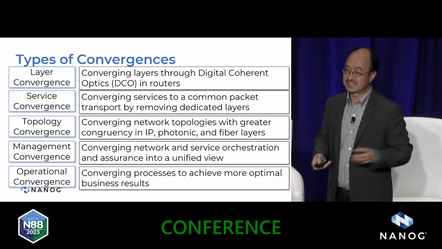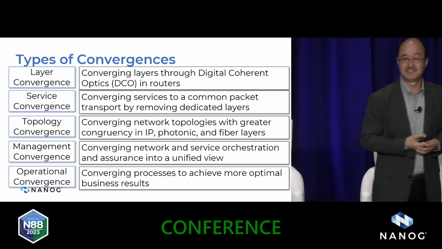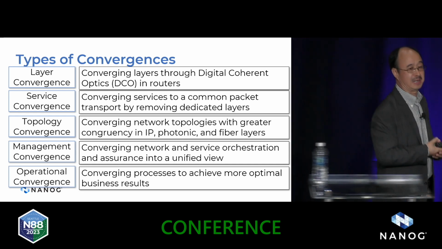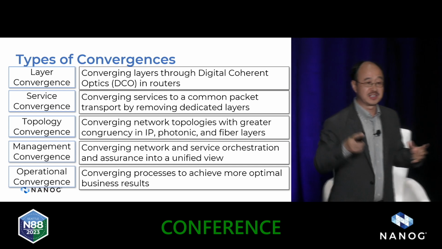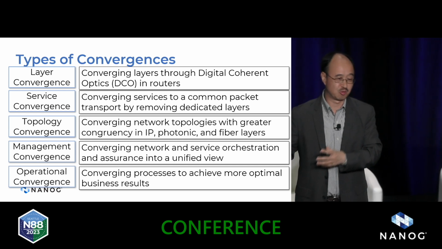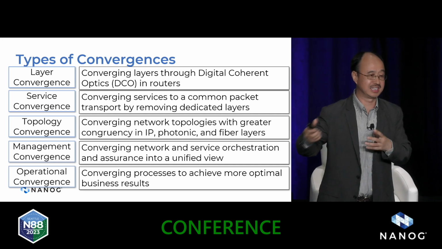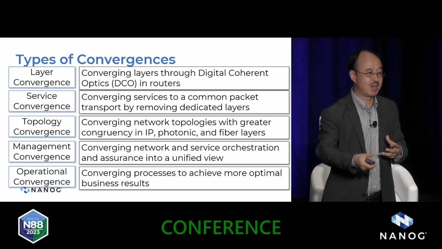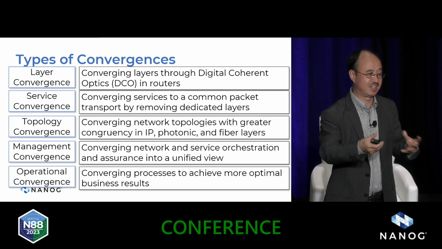Last but not least is operational convergence. How do we converge business processes? When you are in a converging architecture, some of the things that used to work may or may not be applicable today with the converged architecture because it is intended to break some of the silos, change some of the ways that you are used to work.